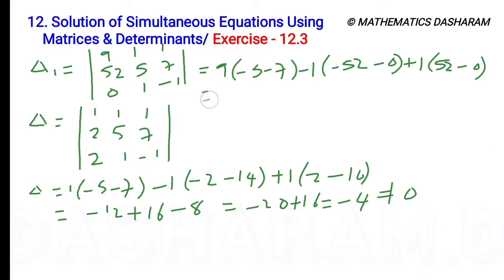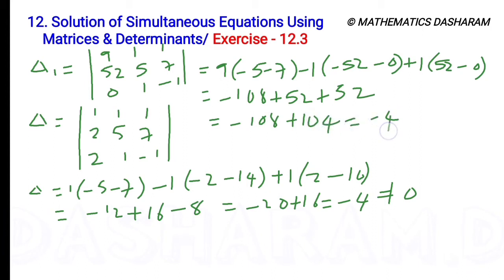So minus 5 minus 7 is minus 12, minus 12 into 9 is minus 108. Next, minus 52 minus 0 is minus 52, minus 52 into minus 1 is plus 52, 52 into 1 is 52. So 52 plus 52 is 104, so it equals minus 4.